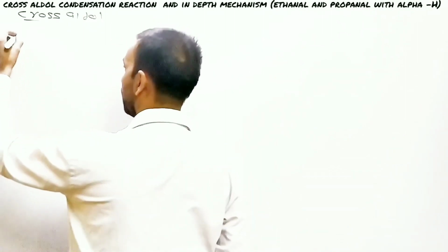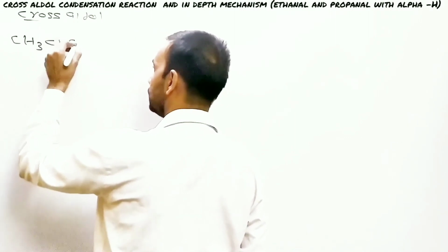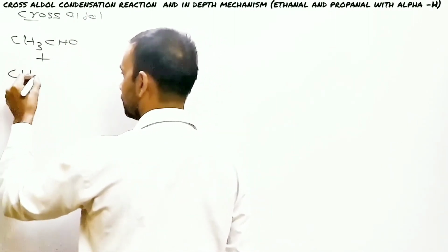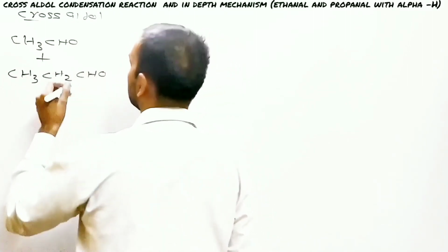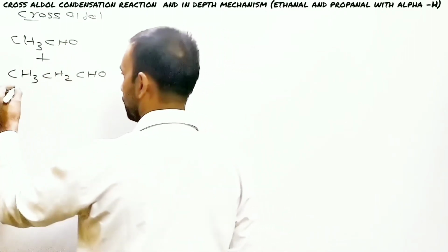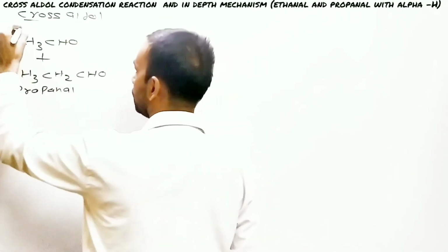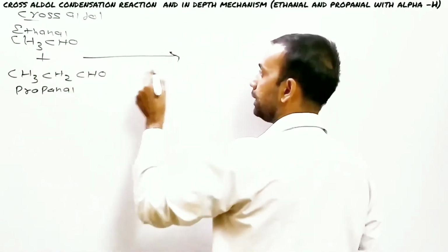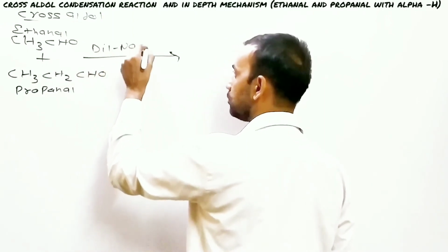Let me take you through some examples. I am taking a reaction between ethanal, CH3CHO, and propanal, CH3CH2CHO. This is your ethanal and there you have your propanal. They are treated with dilute NaOH.